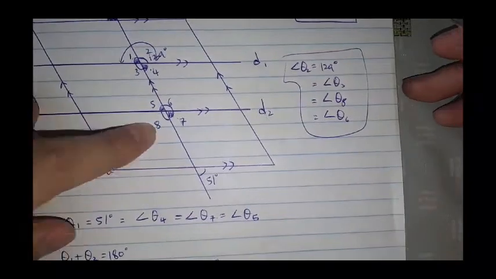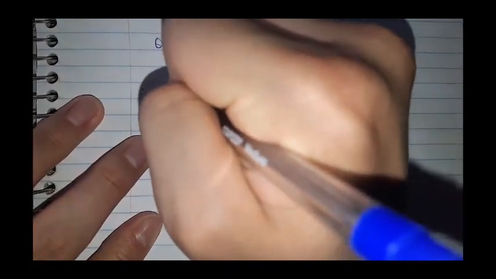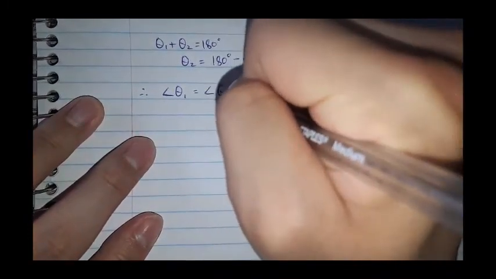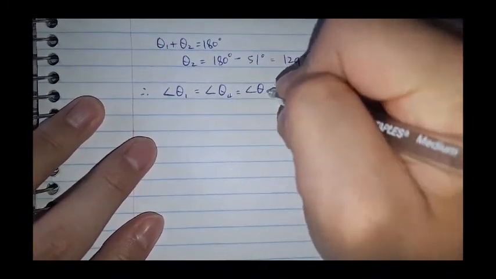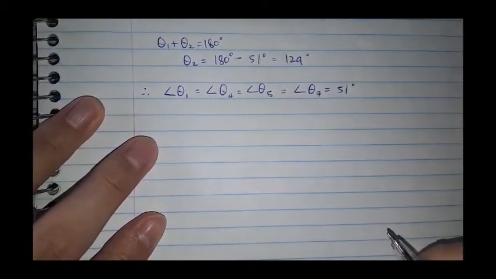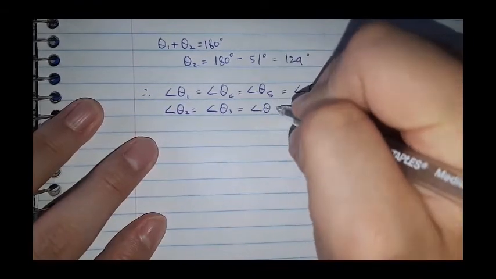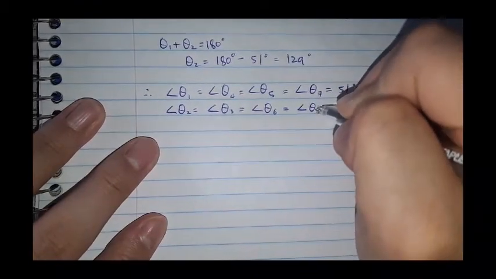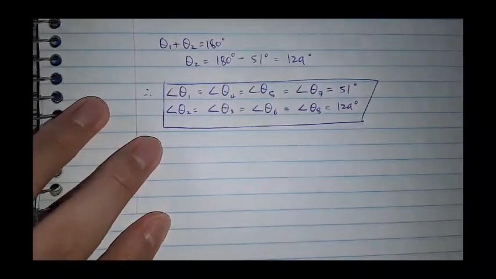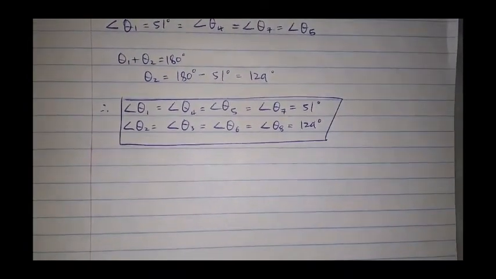So, long story short, as a conclusion, angle 1, angle 4, angle 5, angle 7 are 51 degrees. Angle 2, angle 3, angle 6, angle 8 should be 129 degrees. There you go. That is one of our conclusions.